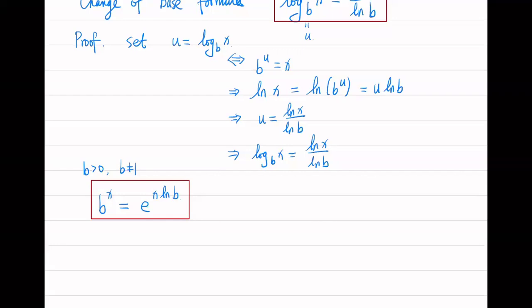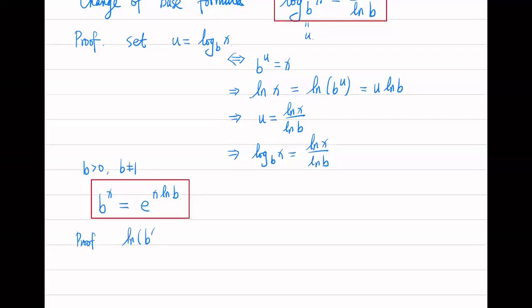If we take a logarithm on one side, okay, what do you get? x ln b, right?